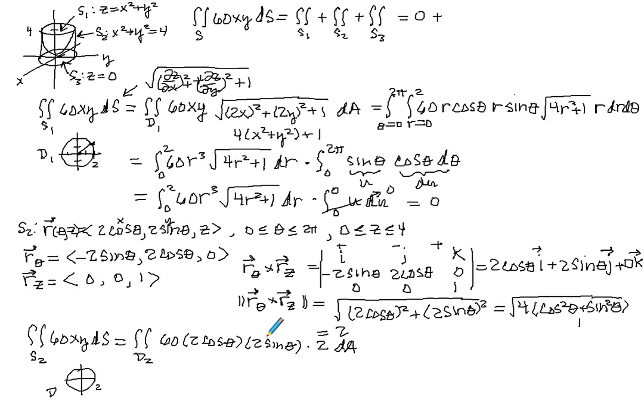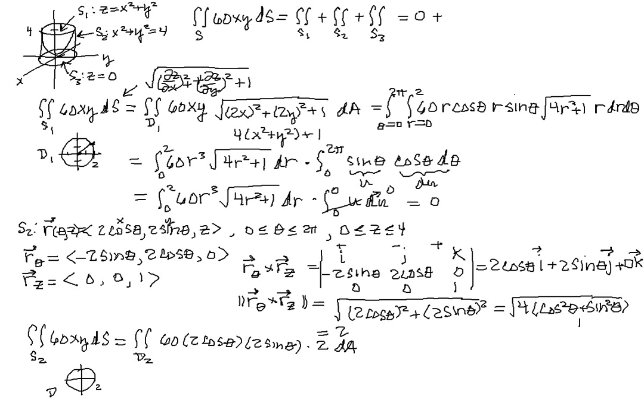So we want to do an integral in terms of polar coordinates here. Now wait, hold on a minute. Back up a little bit. Our restriction on our domain is theta 0 to 2 pi and z equals 0 to 4.